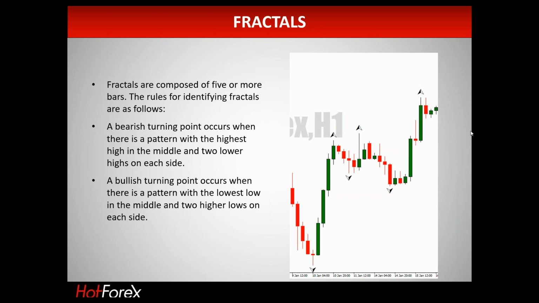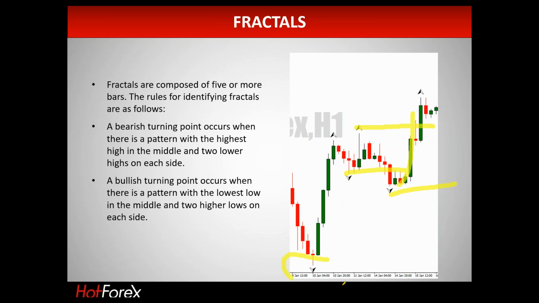But in this Williams indicator, we use the fractal as support and resistance. This is the resistance, and this is the support. When the price goes up and breaks the resistance, it tells us it will go up. When it breaks the support, it tells us it will go down.